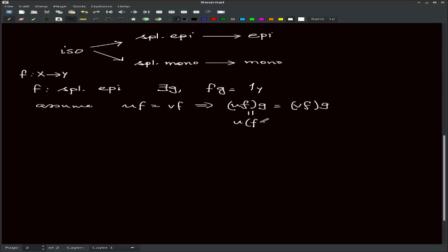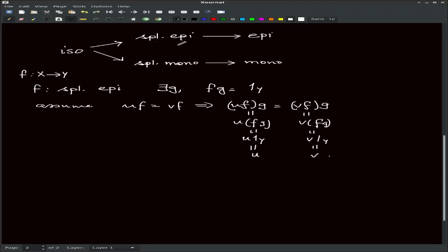This is UFG, this is VFG, but FG is 1Y. This is V1Y, but composition with identity gives me that same thing. So this is equal to V. So it's simple. But there is something more.